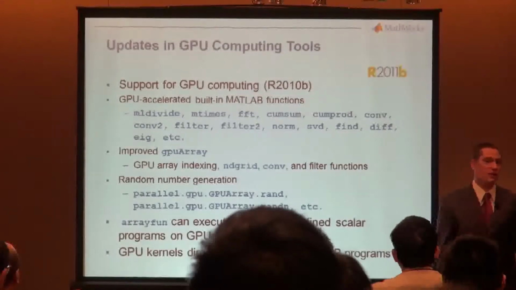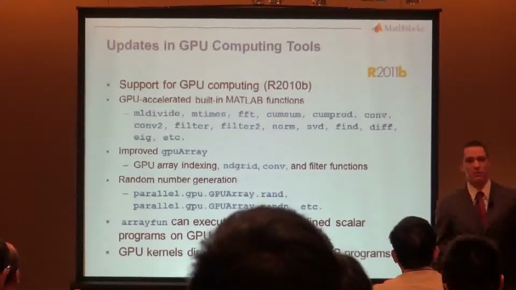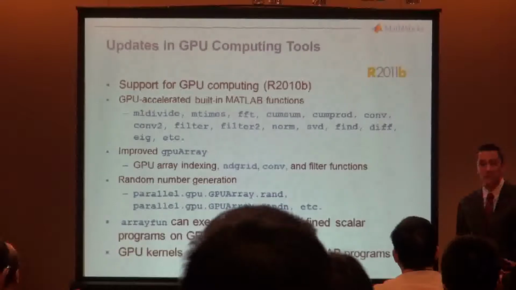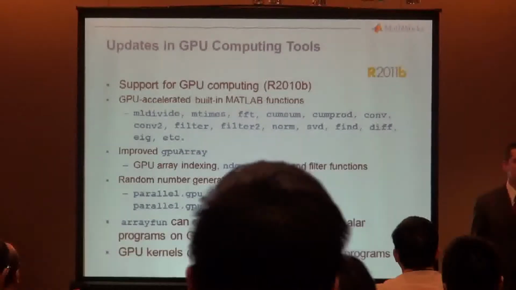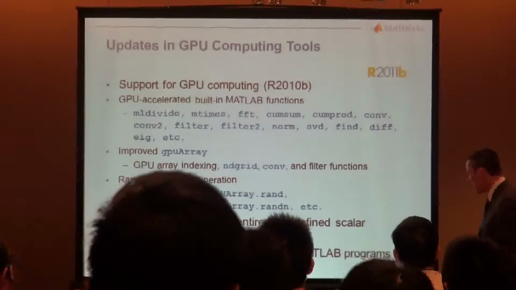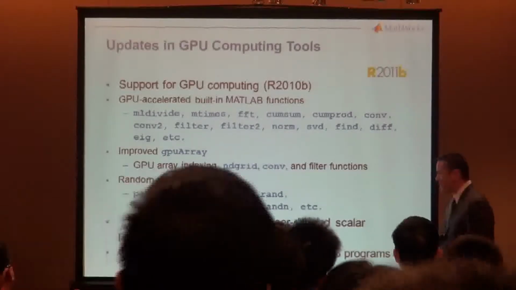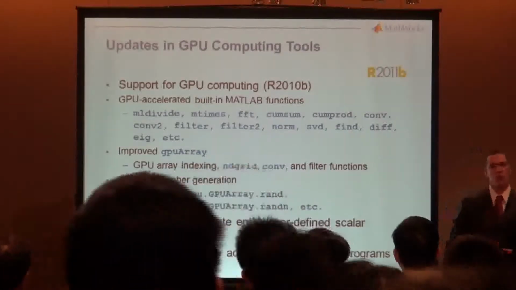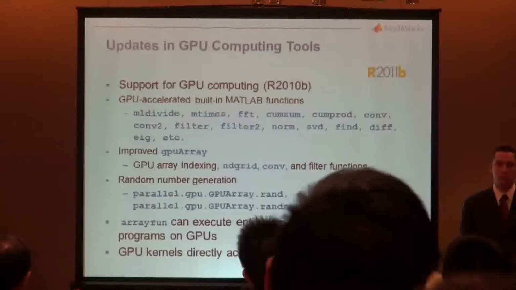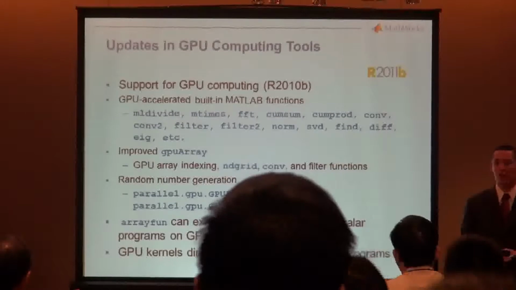They will execute on the GPU card at increased performance for you. Random number generation, always valuable when doing simulations. We have that capability on the GPU. And as always, Matlab can execute GPU kernels, CUDA kernels programmed in the CUDA language directly from Matlab. It's a command you can just simply call.